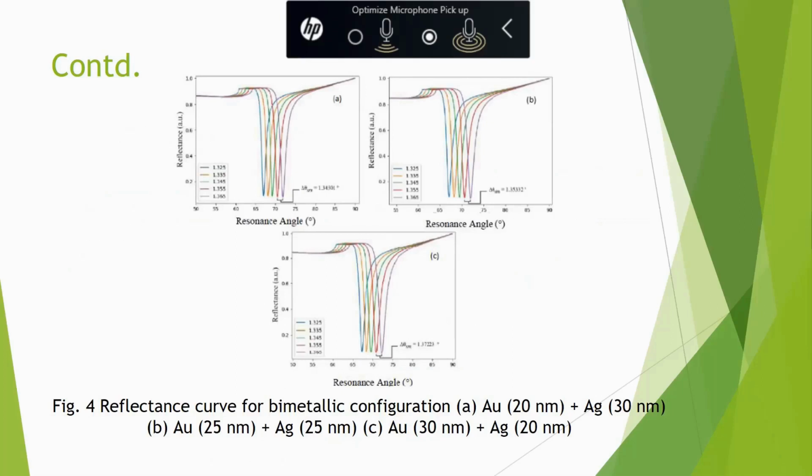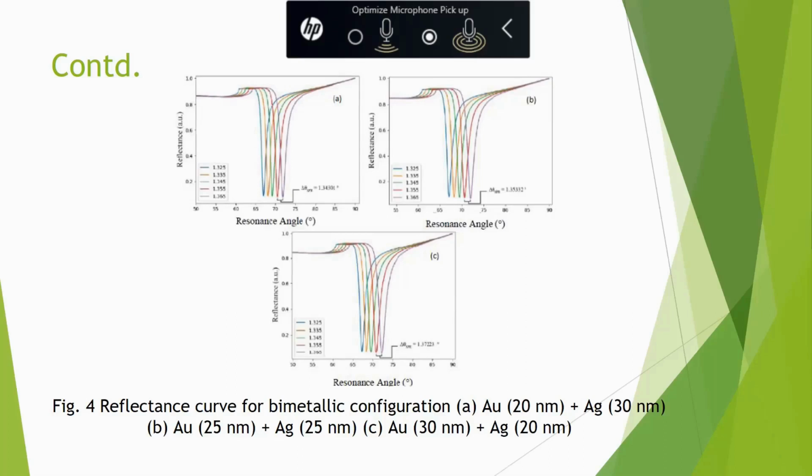If the spectrum is broader, it is not possible for us to detect the shift in angle, and the shift in angle is the main part of the sensing in this case. So we want a narrow spectrum, or you can say a lesser and lesser FWHM.